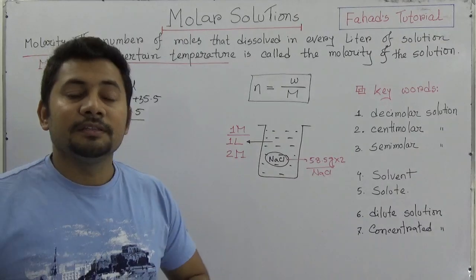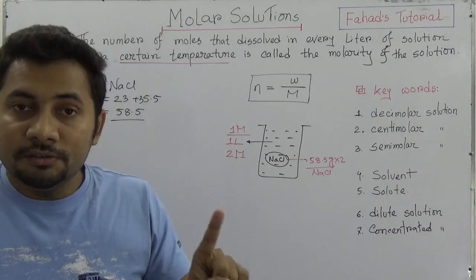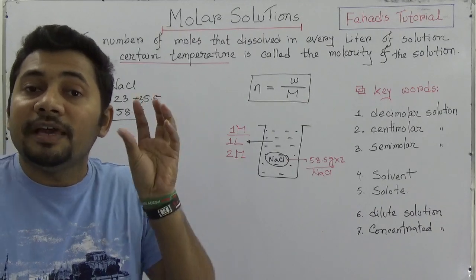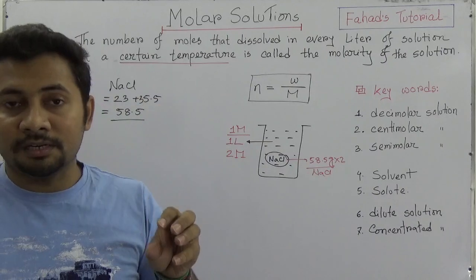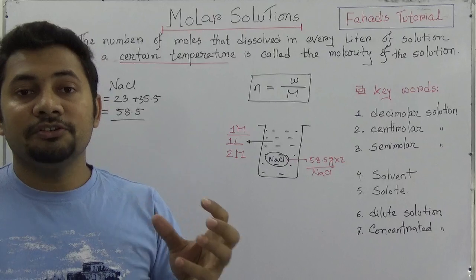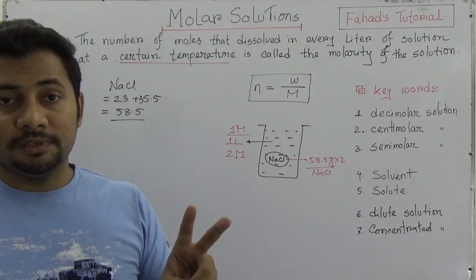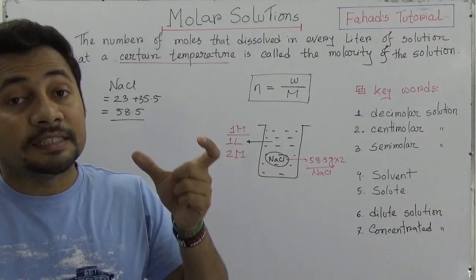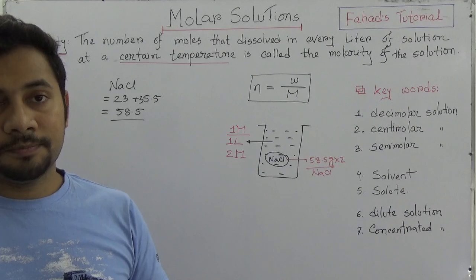So if the solution is 1 liter, and 1 mole of any compound is dissolved in water, then the molarity of that solution is called 1 molar. If 2 moles are dissolved, then 2 molar. If 3 moles are dissolved, then we say a 3 molar solution.